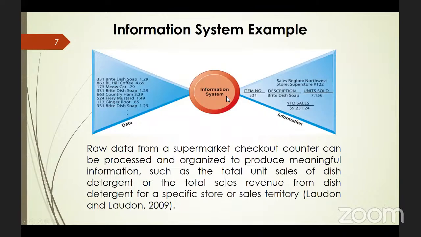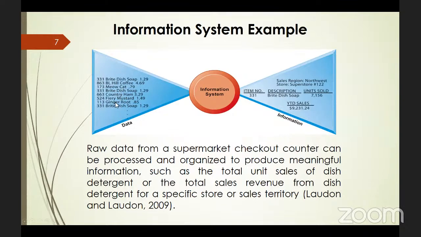And here's one example of an information system. If you look on the left, the data is for a supermarket, or is it a store? I'm sure it's a supermarket, because they're selling soap for $1.29, and this is the code. Coffee, some cat food maybe. And if you notice, you have the soap three times. So they're selling a whole bunch of things.